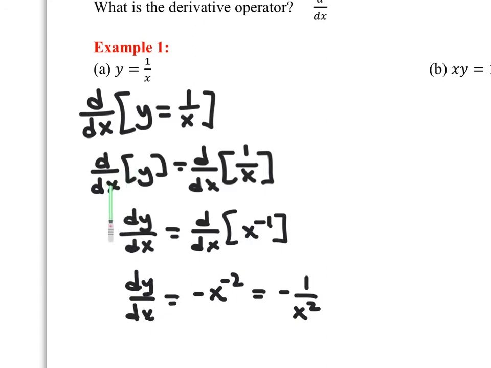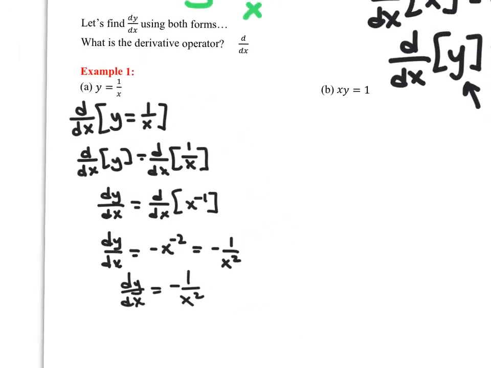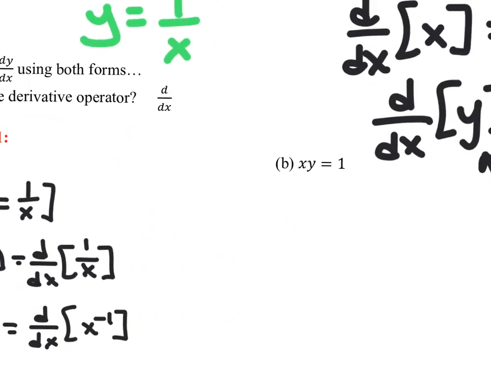I took d dx, or the derivative of y with respect to x, which is dy dx, and I did the derivative with respect to x of 1 over x, changing this into a power rule form, which gave me the derivative. The derivative is going to be negative 1 over x squared. That would be the general derivative. Okay, so let's do this implicitly now in part B.